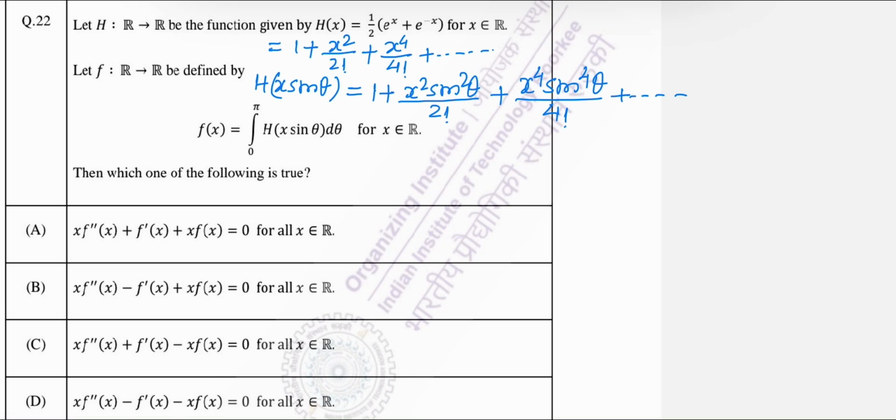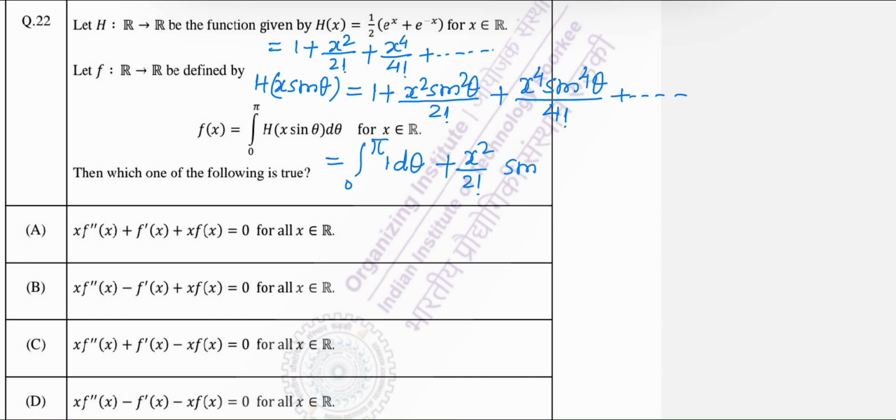Here we find f of x. You see f of x is an integration, and this will be equal to the integral from 0 to pi, and the first term is 1, so here will be 1 d theta, and thereafter the second term will be x square by factorial 2. X square by factorial 2 is taken out, because for the integration x is constant.